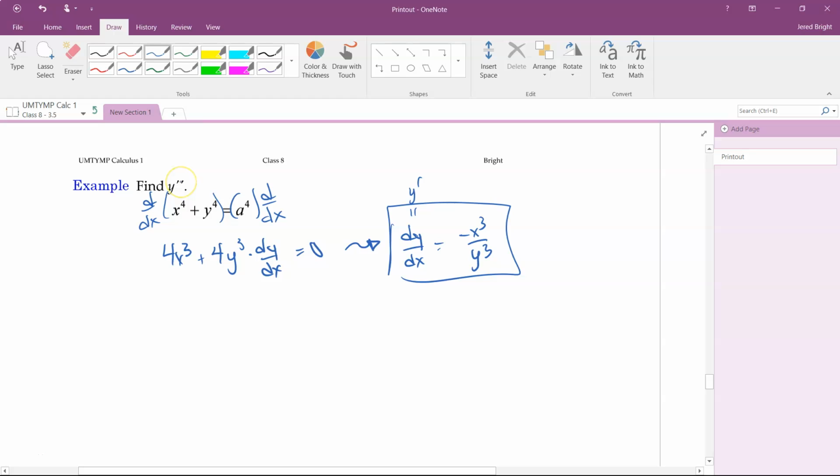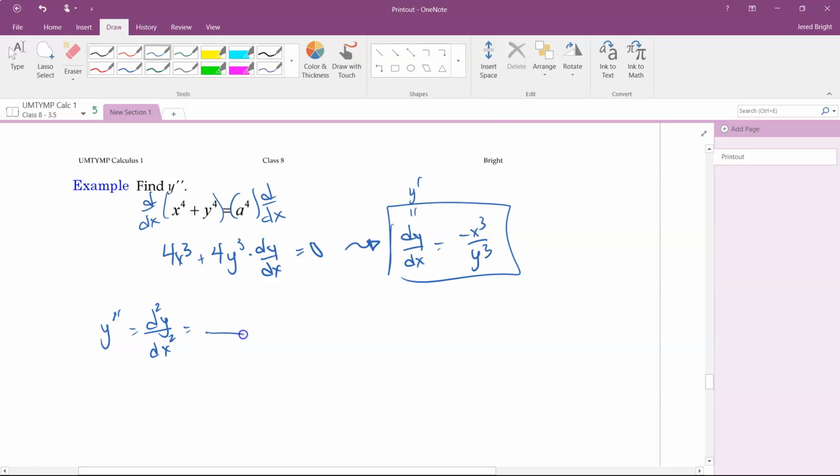But we need to find y double prime. So what do we need to do? We need to differentiate this again. So we want to find d squared y over dx squared, which is the same as y double prime. So we need to differentiate this. Well, that's a quotient, so we need to do the quotient rule.